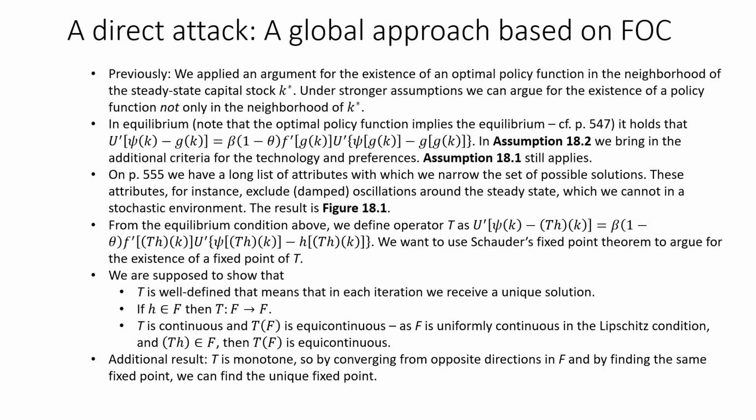So on this ground, we can argue for the uniqueness, not only for the existence, but for the uniqueness of the fixed point. We can do this because set F has a highest and a lowest point, so we can start iteration from opposite directions, and if these iterations meet somewhere in between, then the fixed point is unique.